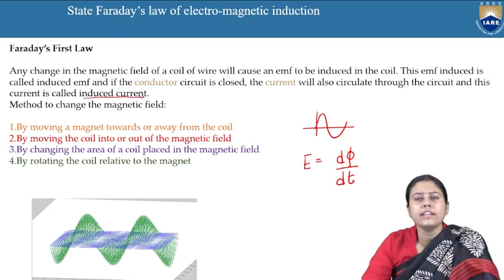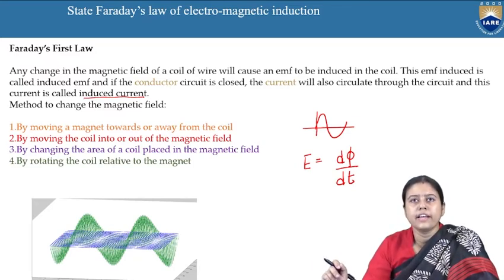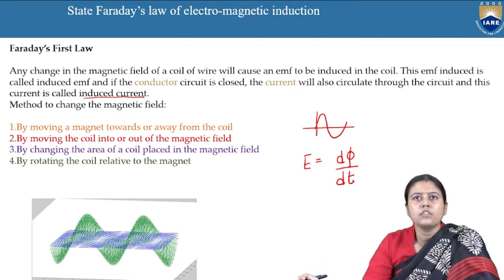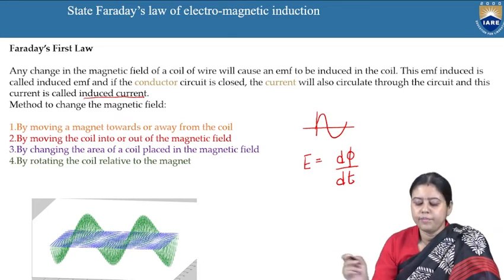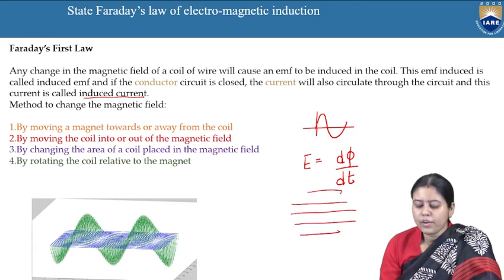Now how can we change the magnetic field? First, by moving the magnets towards or away from the coil. Say this is a constant magnetic field and we place a conductor in it.